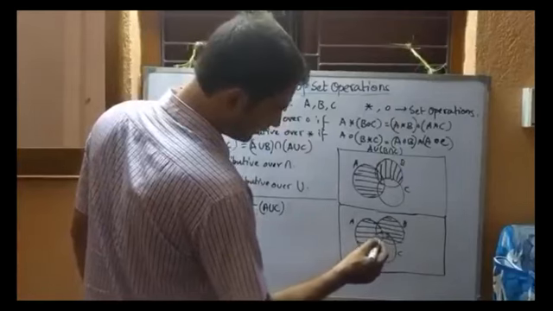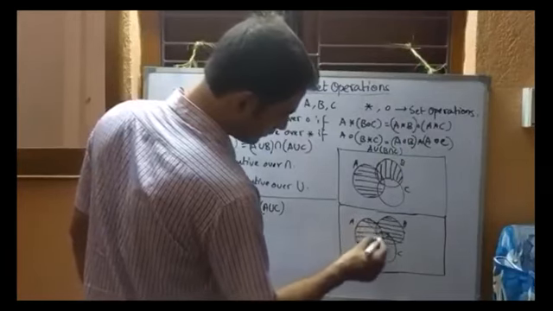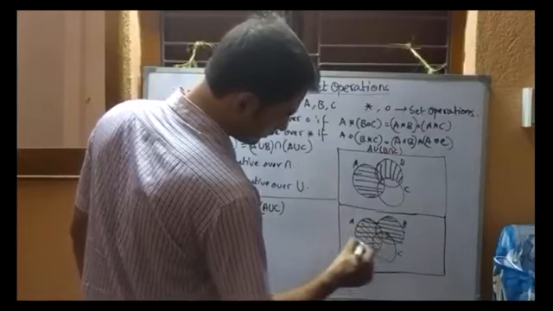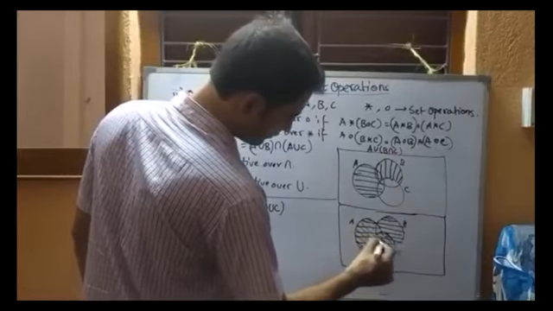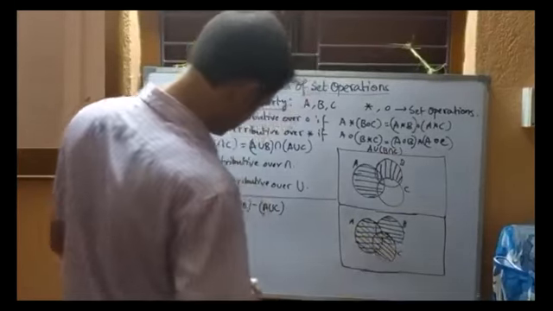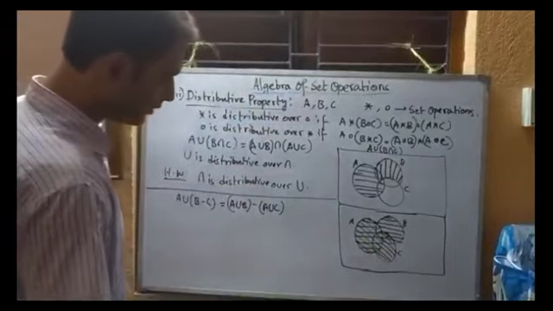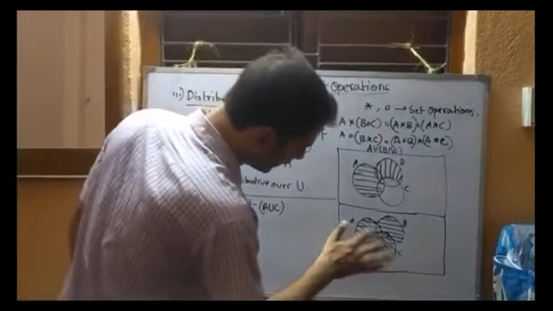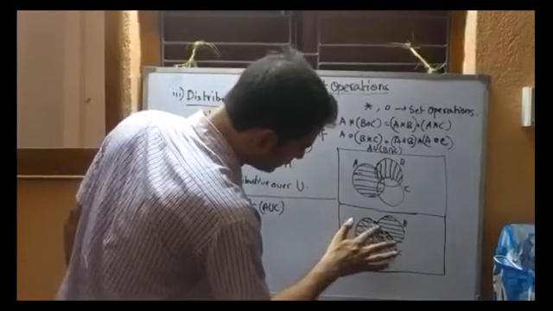Is the part this. So see, if we remove this part, the part for A union C, we get only this thing.